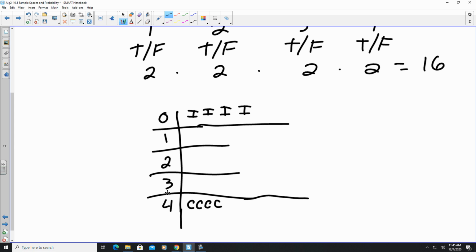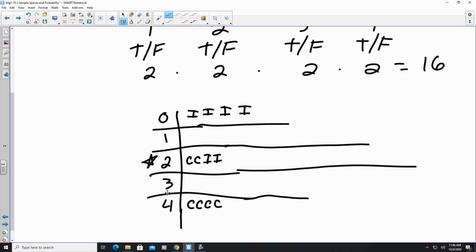But now all we're really interested in is 2. So let's take a look at where you get exactly 2. Let's say in a scenario you got the first 2 right, but the last 2 wrong. That's one possible outcome of getting exactly 2 right.